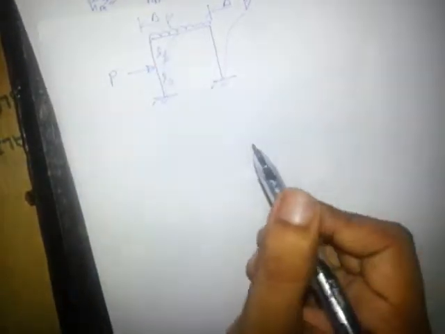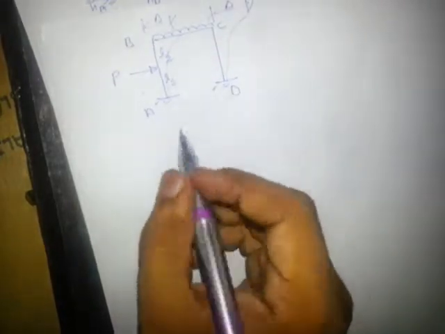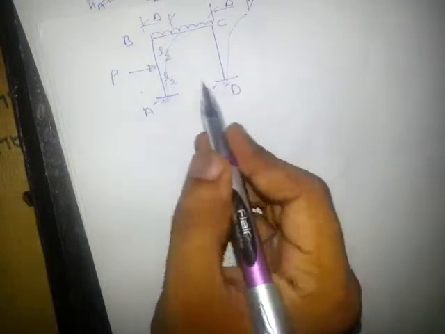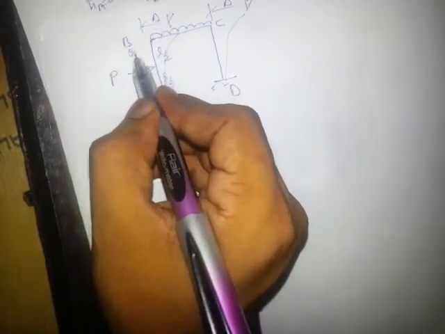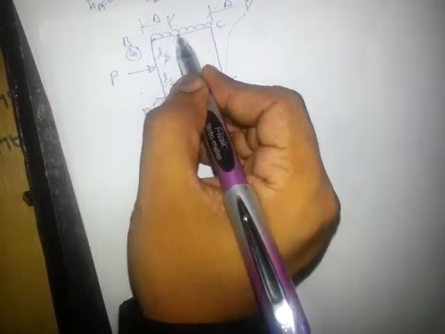This is delta. How many unknowns are there? This is A, B, C and D. Look, A and D will not go anywhere, so 0 unknown, 0 unknown. Joint B is rotating, so one unknown is theta B, and joint B is going in this direction, so one unknown is delta.